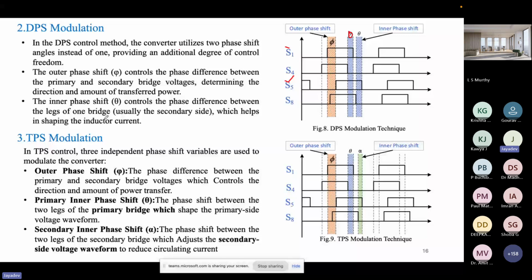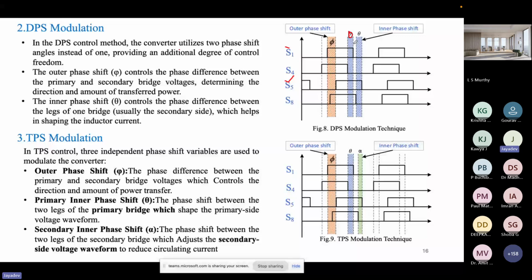In TPS modulation technique, what are we doing? In DPS, we implement an outer phase shift between the bridges and an inner phase shift theta between the legs.